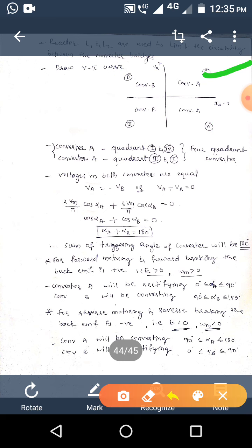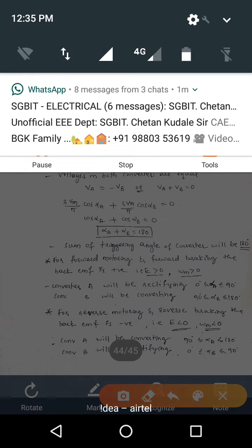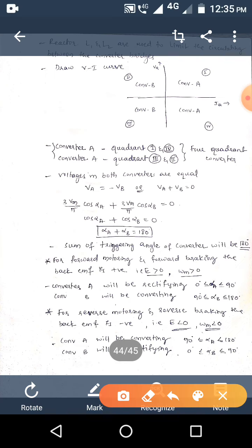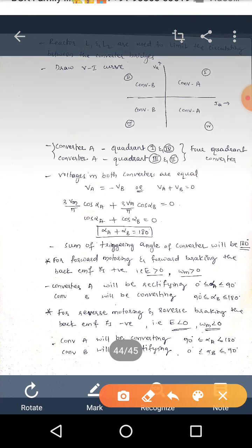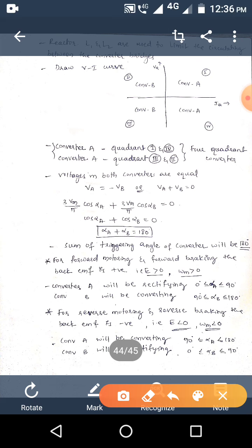Is it clear? It means we know that overall, converters A and B will operate in all four quadrants. Let us consider the voltages in both the converters. Ultimately we proved that in these two quadrants the current is positive, and in these two quadrants the currents are negative.